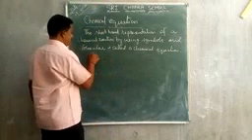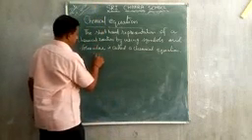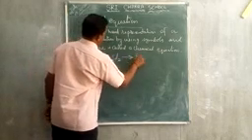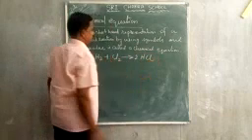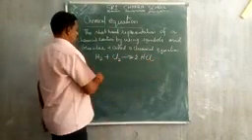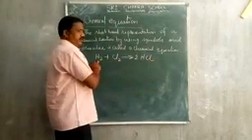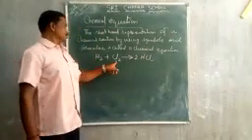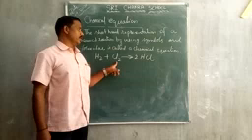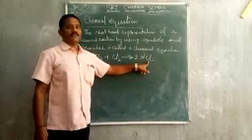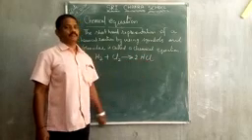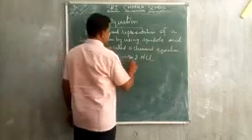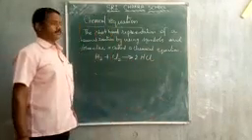For example, hydrogen combines with chlorine to form hydrogen chloride. H2 is the formula of hydrogen, Cl2 is the formula of chlorine, HCl is the formula of hydrogen chloride. So H2 plus Cl2 gives rise to HCl.